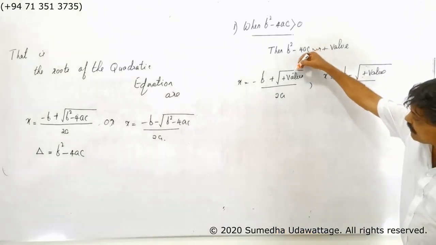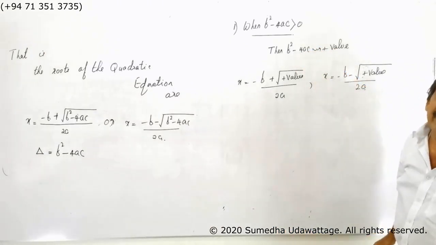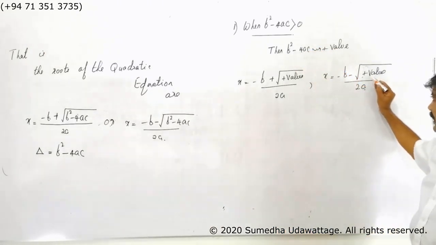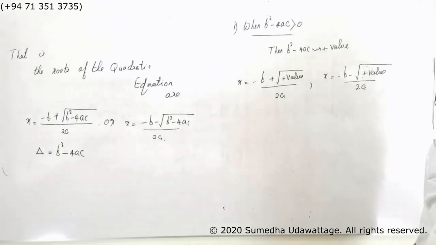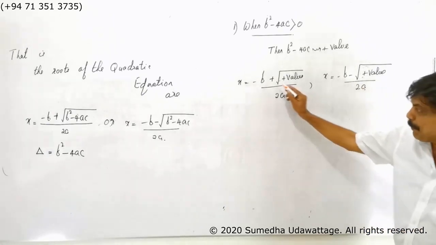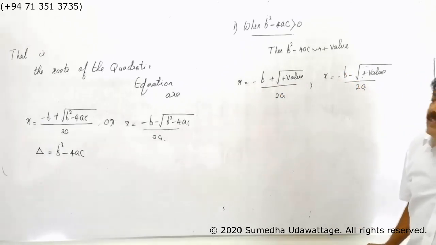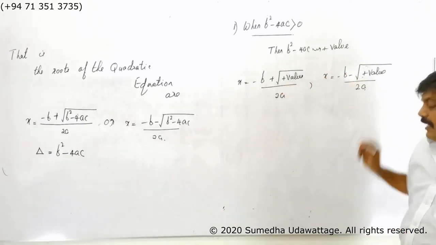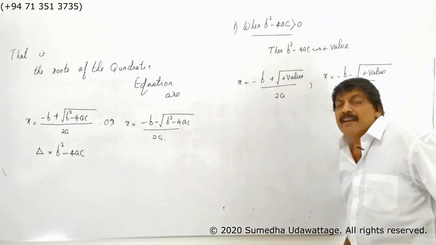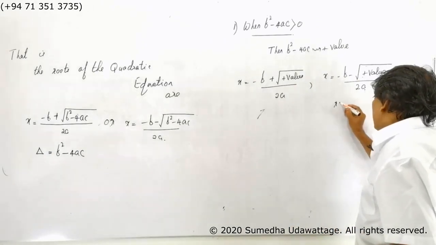When the value within the square root is plus, it is real. When the value within the square root is plus and real, we say the roots are real. And it's plus here and minus here, so the roots are real but different.